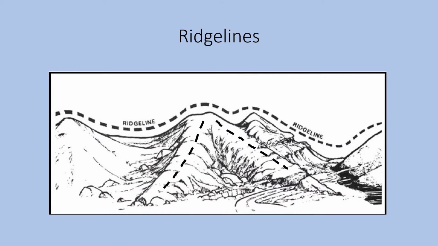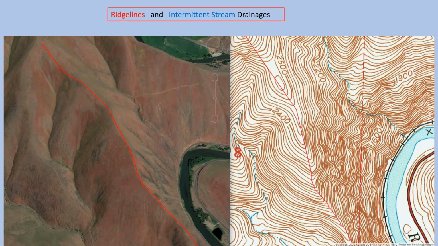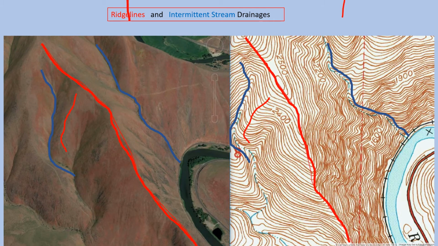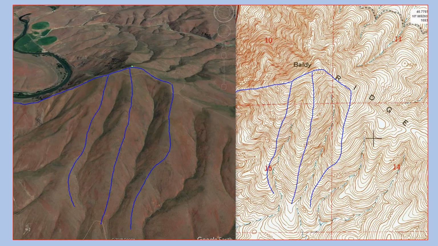Ridgelines divide drainages. They are important features in describing topography. Ridgelines separate drainages, in this case, intermittent stream drainages. Note the short lateral ridges. More looks at ridgelines.